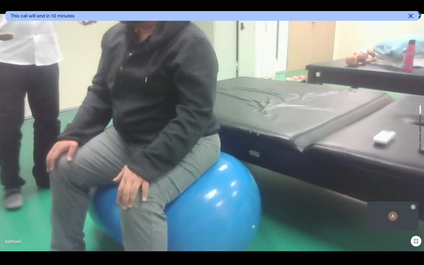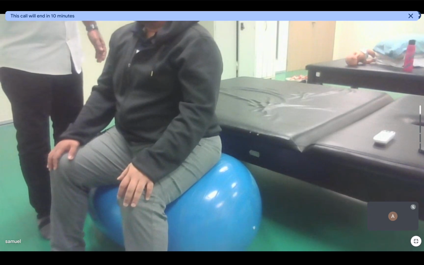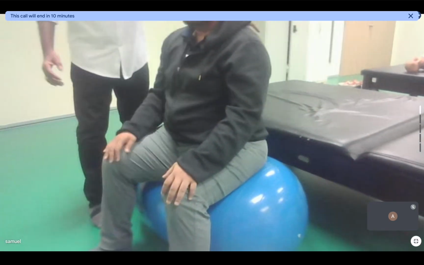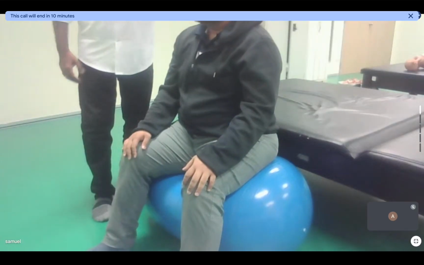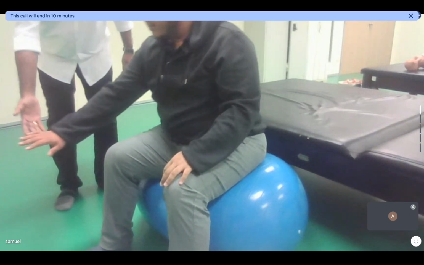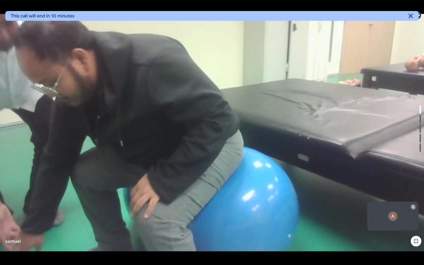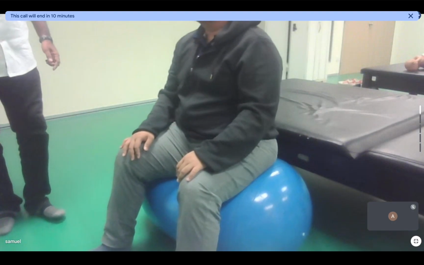Initially you ask him to hold it. Then after he has mastered it on a stable surface, you progress it. Reach out, then reach out further. You can keep an object and ask him to pick it up, and go on.